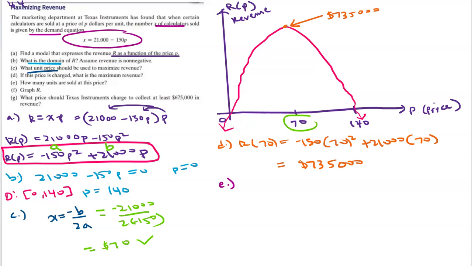So that's going to be X is equal to 21,000 minus 150 times 70. When we do that, we get 10,500 sold.